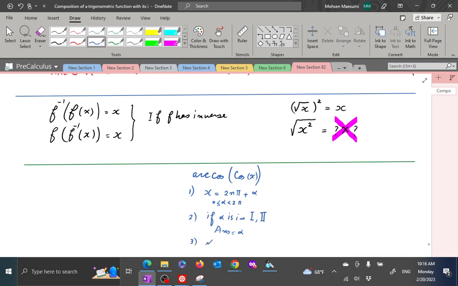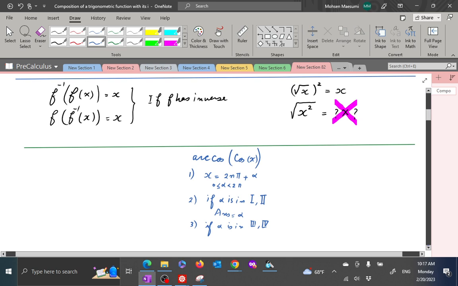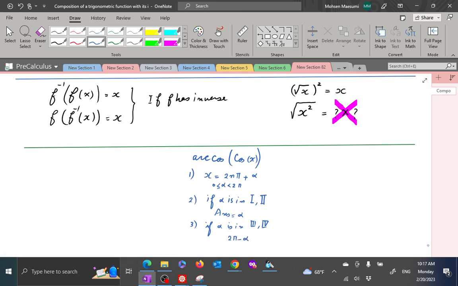If not, if alpha is in quadrant 3 or 4, the answer is 2 pi minus alpha, and that is for the case of cosine.